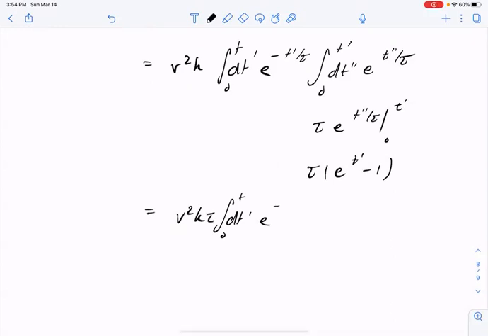Minus t. That cancels, that's just 1. And I have minus e to the minus t over tau.